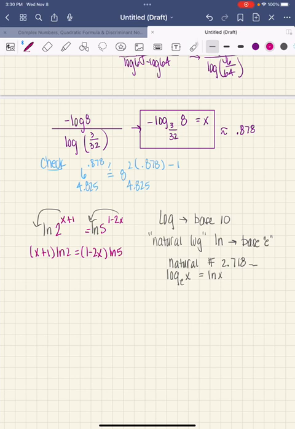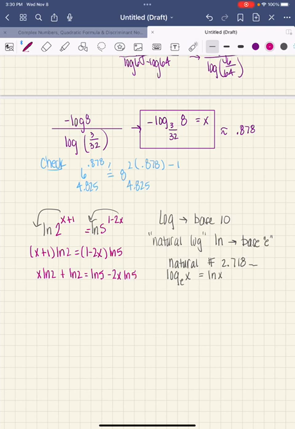I'm going to distribute, and that gives me x times the natural log of 2 plus the natural log of 2. The natural log of 2, this is literally a number in your calculator. The natural log of 2 is 0.693, and so on. And that's going to equal the natural log of 5 minus 2x times the natural log of 5.